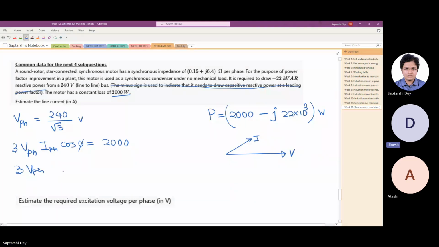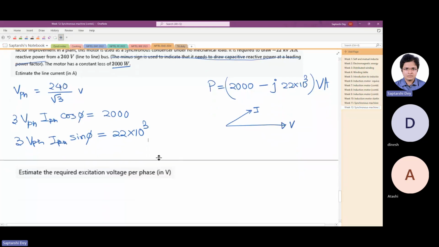P will be in watt. What is the apparent power? Oh, okay. Yeah, true. Sorry. And this should be 22 kilo. Now, so everything is known.